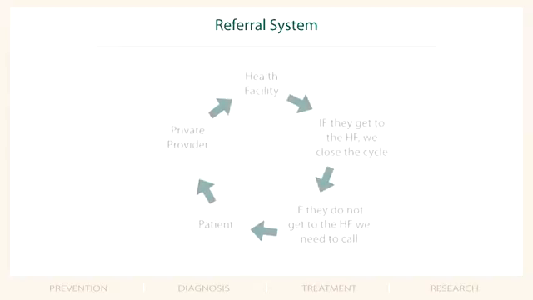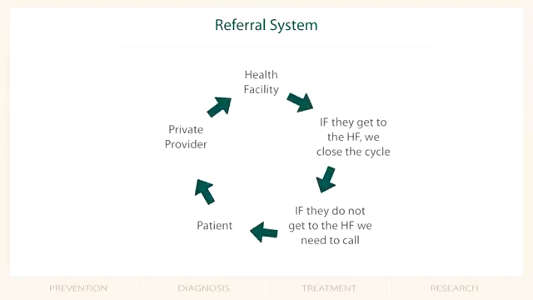If not, we have a field assistant to track and follow up with them to treat. So the idea is that when the patient comes to the private provider, they give the patient a unique slip code and tell the patient to go to the health center.